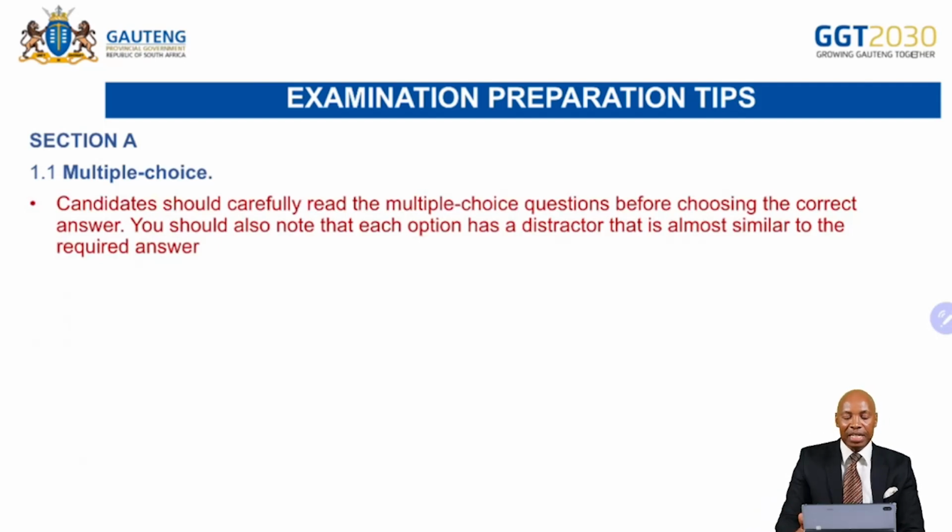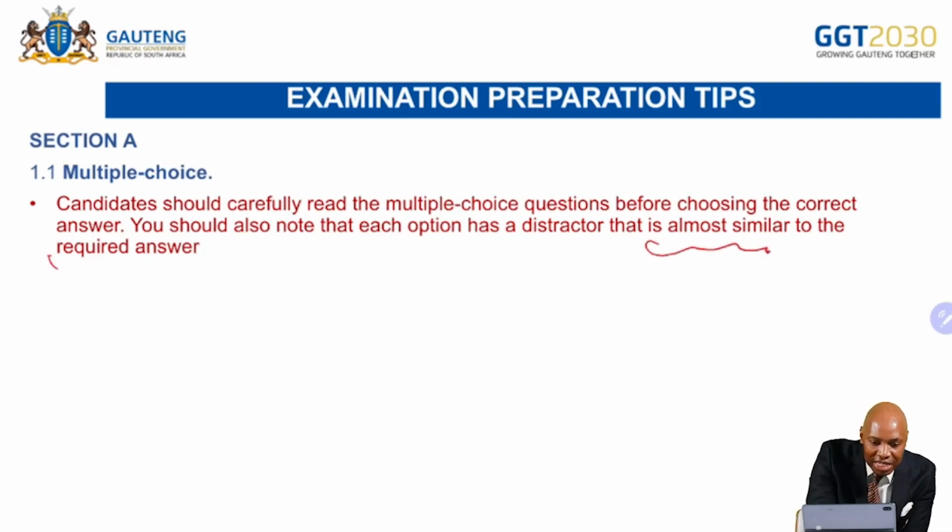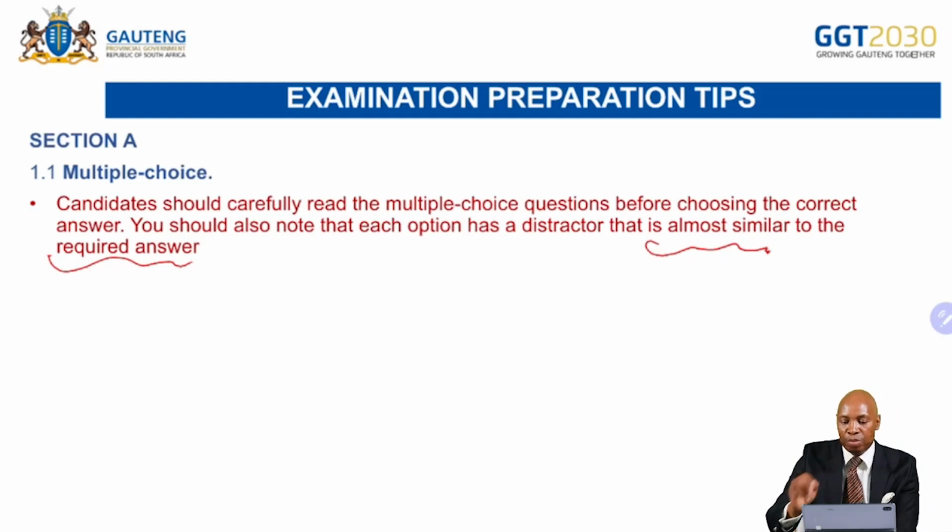So it's important that as you read, you analyze, then you eliminate all that you don't need. You should also know that each option has a distractor that is almost similar to the required answer. So please be analytical.